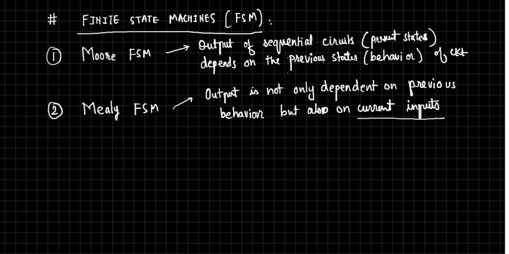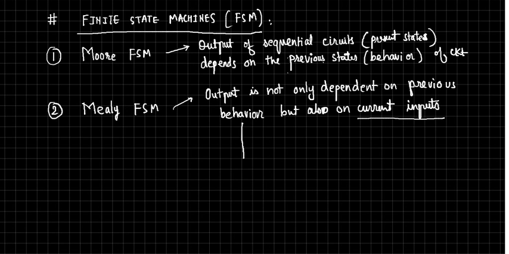We may look at the circuit diagram which we have seen last time. The output was taken as an AND combination of the input and the previous behavior of the circuit. So if we don't provide a clock, the previous states will be there, and if the inputs change, the output may change, right? So it is independent of the clock. The output may change whether or not the clock arrives. So that's the difference between a Mealy and a Moore machine.